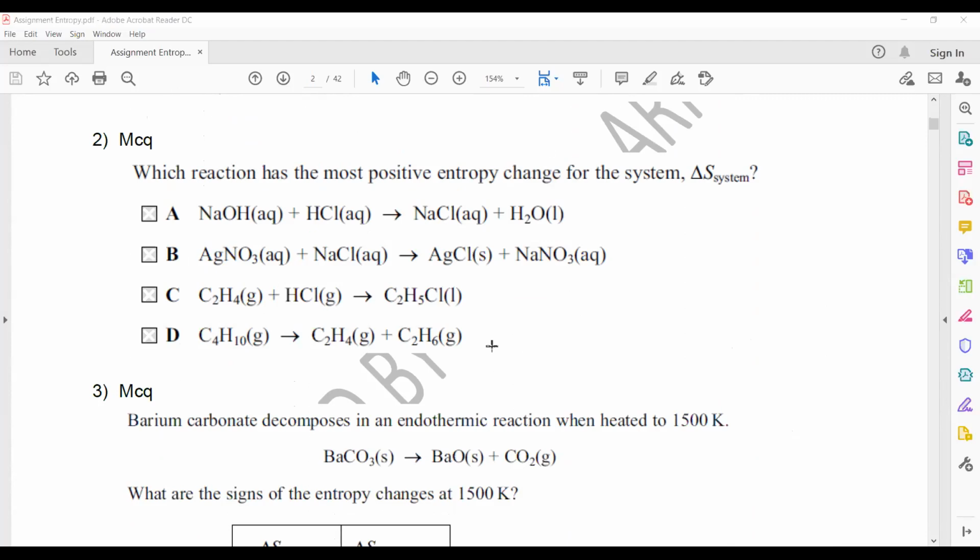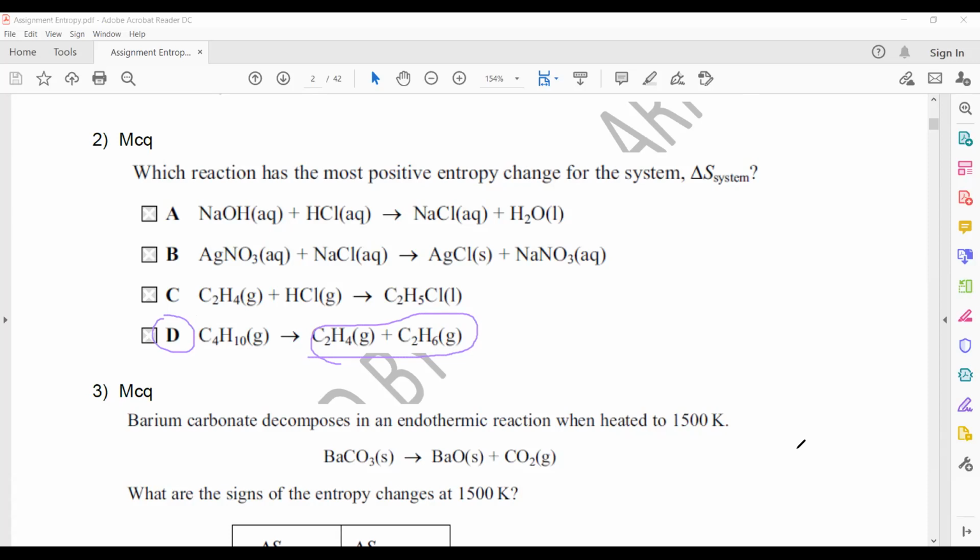Everyone should participate so that it shows your understanding of the topic. D is the right answer because you have gases on both sides, with two moles of gas.